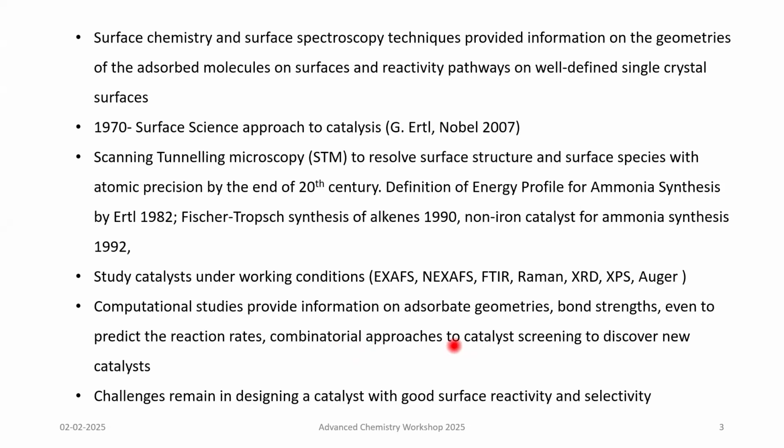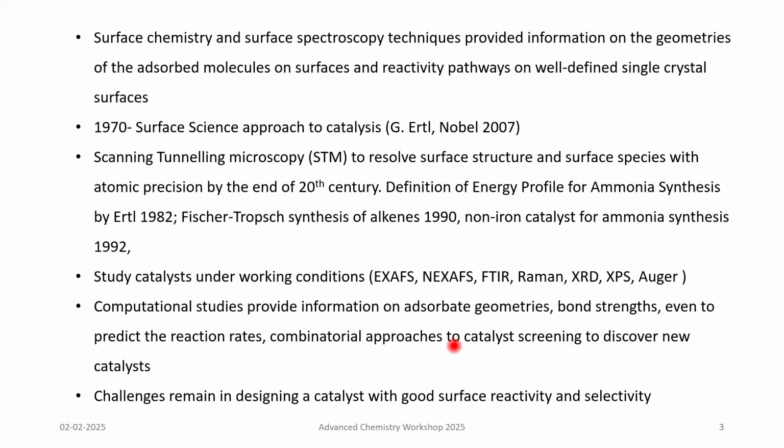Here, what they do is look computationally at several possibilities of catalytic materials and see which is the best one, rather than working in the lab, synthesizing them and then testing them. It is a long time process.